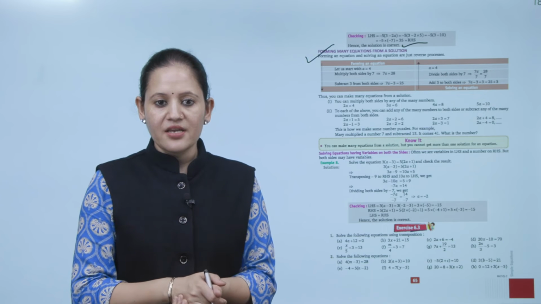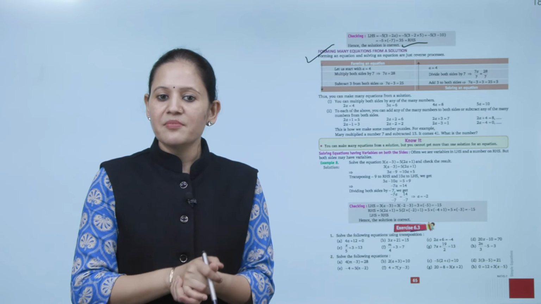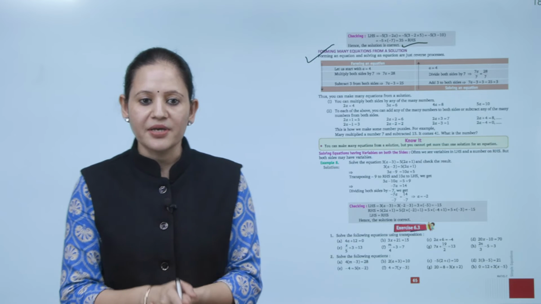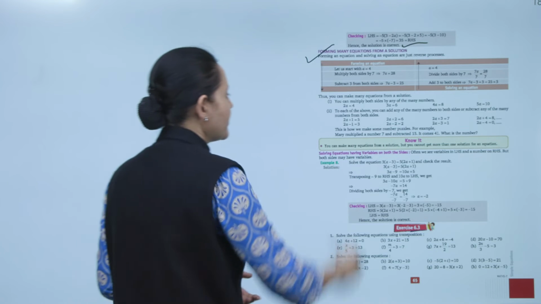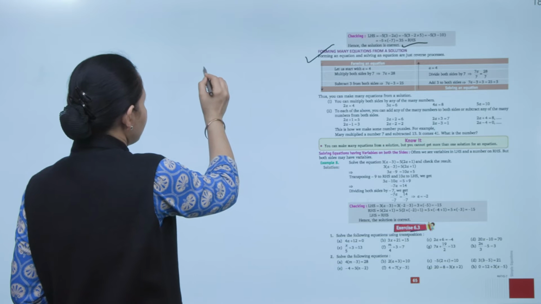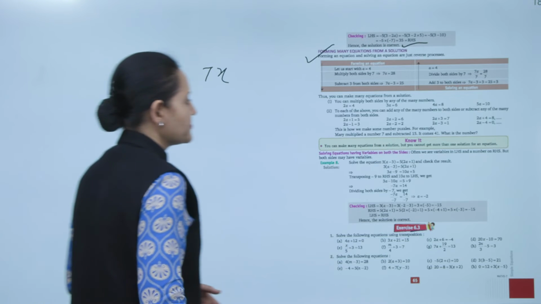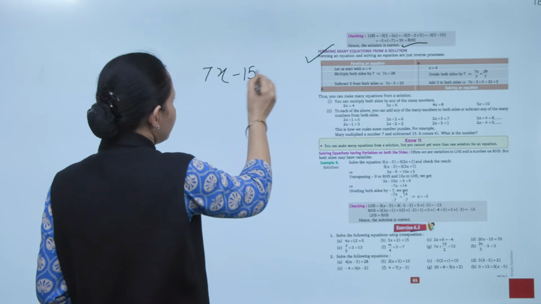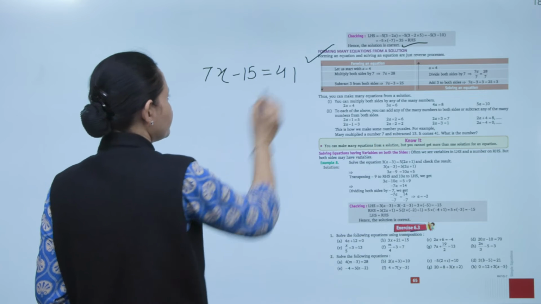For example, Mary multiplies a number by 7 and subtracts 15. It comes to 41. What is the number? So Mary multiplied a number. Suppose that number is x. So Mary multiplied it by 7, so that is 7x. And subtract 15, that is equal to 41.